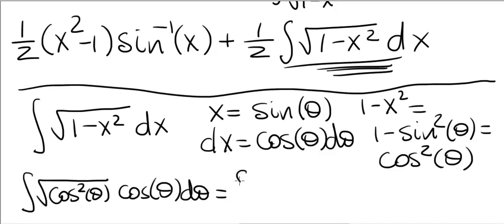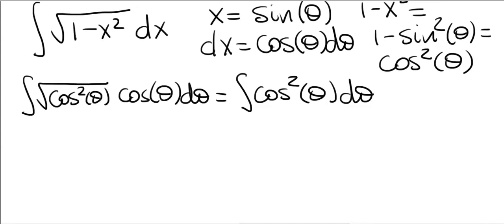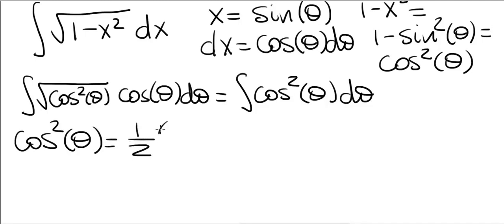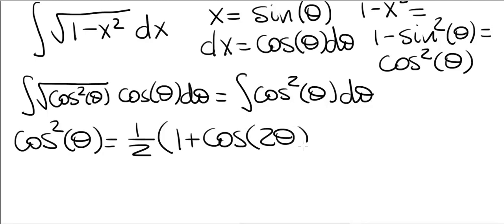And this simplifies to the integral of cosine squared of theta. To evaluate this integral, we've done this many times before in earlier videos. We utilize the following trig identity. Cosine squared of theta is equal to 1/2 times 1 plus cosine of 2 theta.